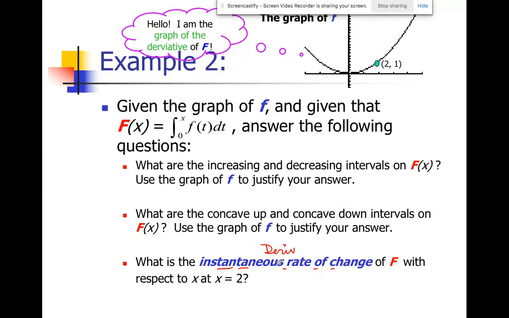Derivative. What is the derivative of capital F? This is what they're asking you. What is the derivative of capital F at 2? I don't see the graph of capital F, but the derivative of capital F is little f. And what is little f at 2? Oh, snap. Wasn't that nice? Crazy.